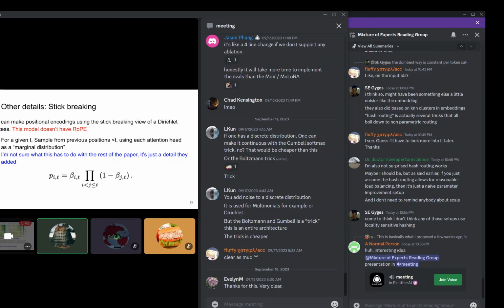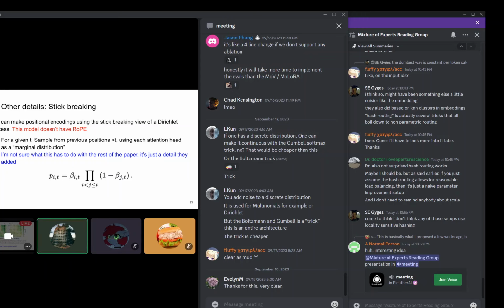Essentially, this model doesn't have positional embeddings, so the positional signal is in the attention layer, and they treat each attention head as a marginal distribution and sample from it. They claim this does the same job as a positional embedding.